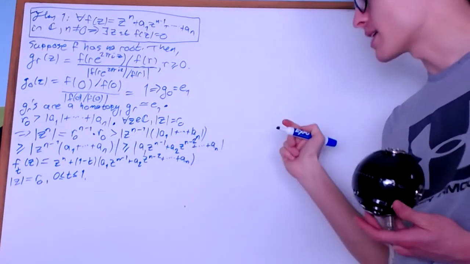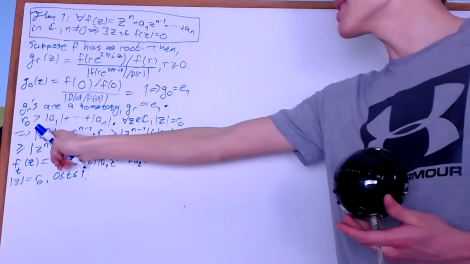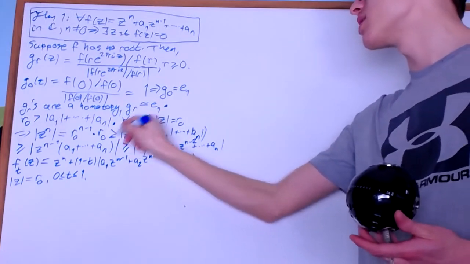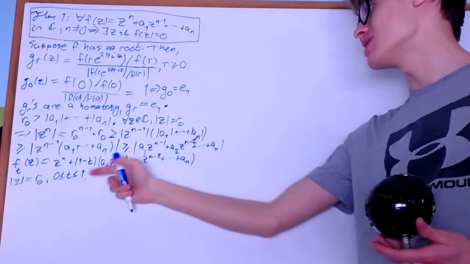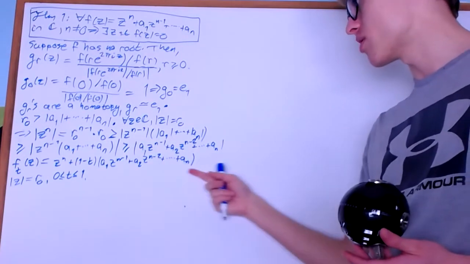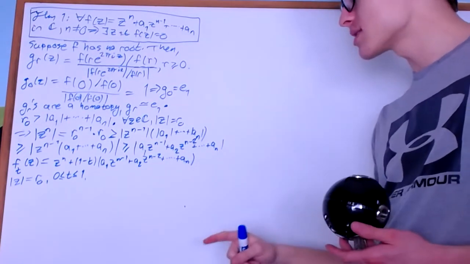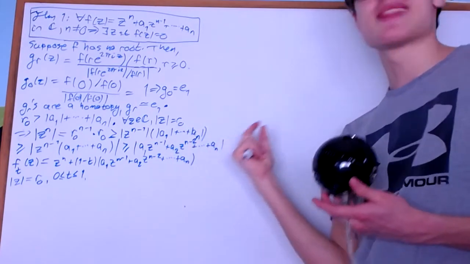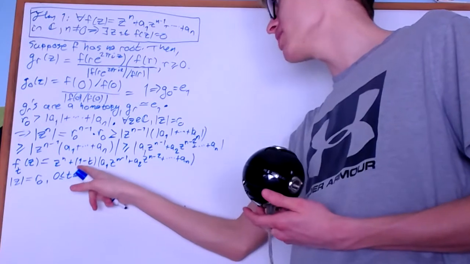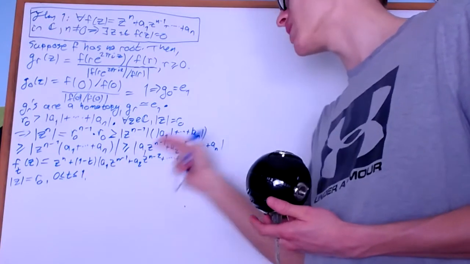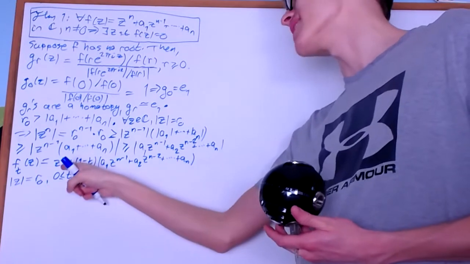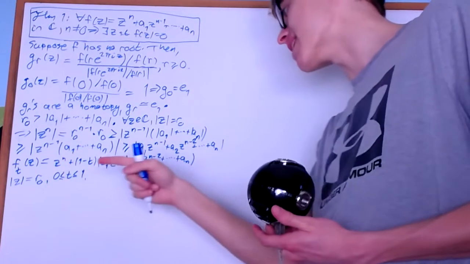Why do I know that? Well, I know that the magnitude of z to the n is strictly bigger than the magnitude of this section of the function. So what that means is that there's no way they can cancel out to 0. And then, because these coefficients are between 0 and 1, all of these will have magnitude strictly less than z to the n.